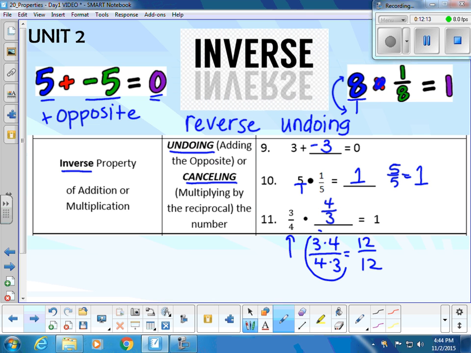Notice the commutative property here. I'm just changing the order, but the answer is still going to be the same. 12 over 12 is 1. So that's what you need to understand with the inverse. With addition, we're adding the opposite. With multiplication, we're multiplying by the reciprocal, or think of it as flipping the fraction upside down.